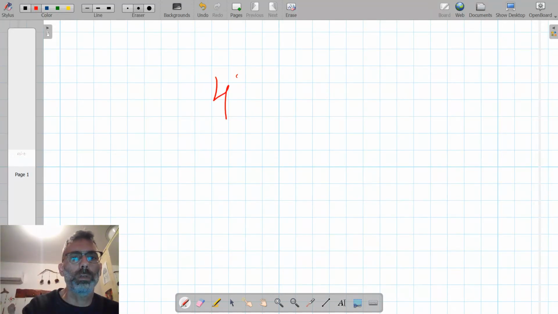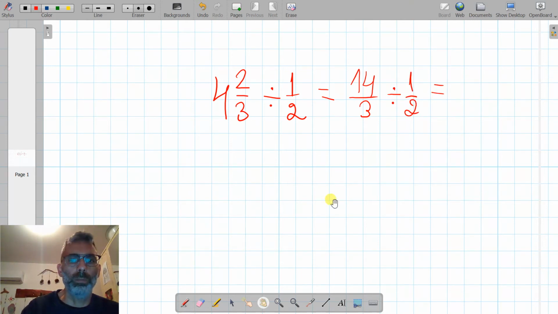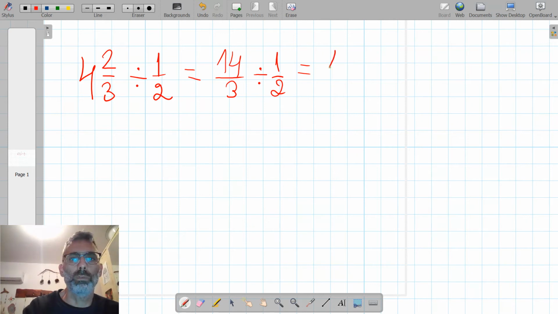Okay, 4 and 2/3 divided by 1/2. First I turn the mixed number into an improper fraction. 4 times 3 is 12. 12 plus 2 is 14 over 3 divided by 1/2. Then I multiply 14 over 3 by the reciprocal, which is 2 over 1.